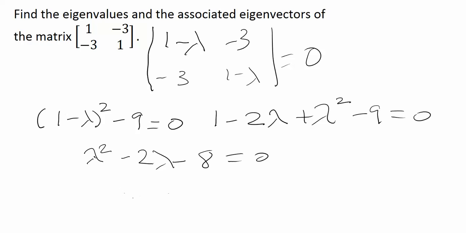I can factor this by inspection, but if you need to use the quadratic equation, you're welcome to. You will need to memorize it if you plan to use it, because you won't have an equation sheet for exam 1.